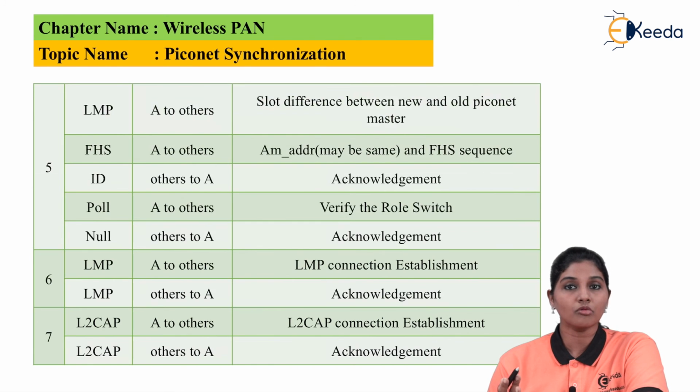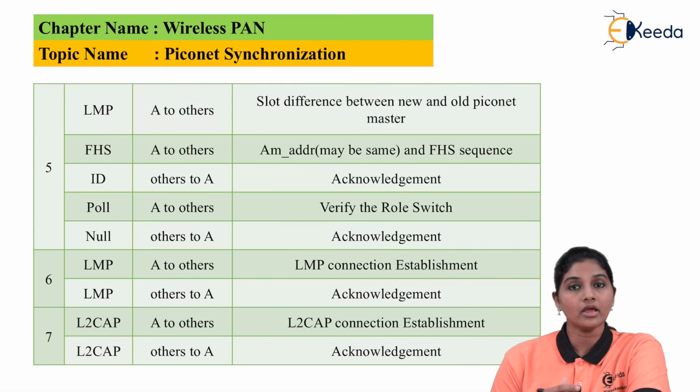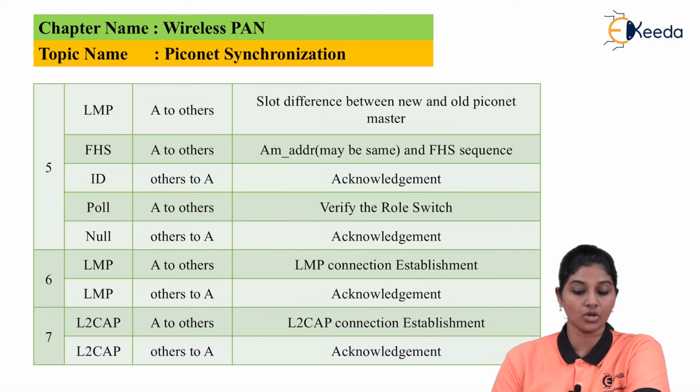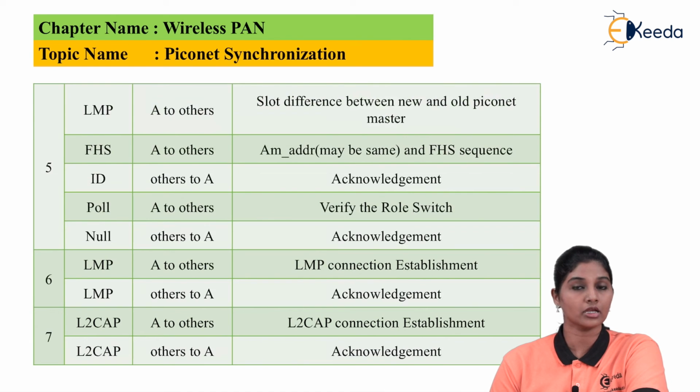In response, from the other devices to A, an acknowledgement is sent in the form of ID. Now A also sends a POLL signal to other devices for verifying the role switch, and the direction is from A to other devices. In response, a NULL signal is sent from other devices to A, and it acts as an acknowledgement, or we can say feedback.